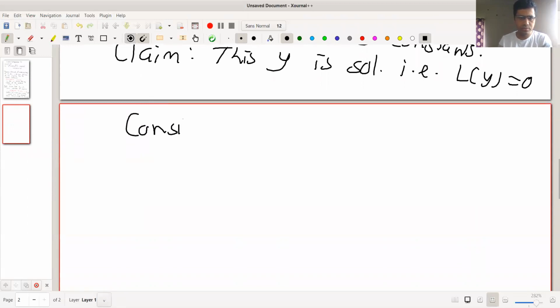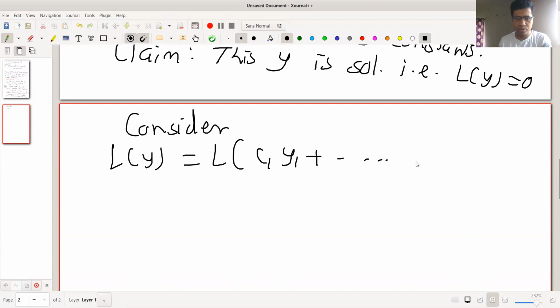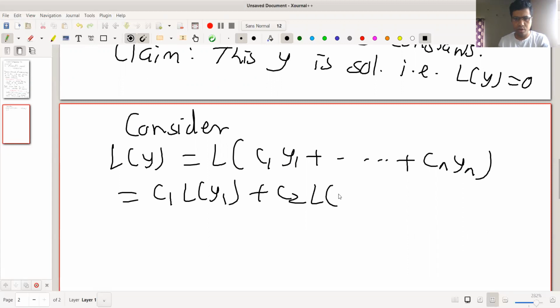Consider L of y, that is L of c1 y1 plus c2 y2 plus and so on plus cn yn. Now we have seen that L is a linear operator because the derivative is a linear operator. So this becomes c1 into L of y1 plus c2 into L of y2 plus and so on plus cn into L of yn.